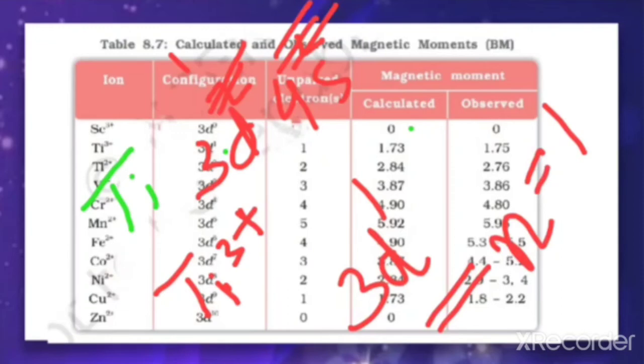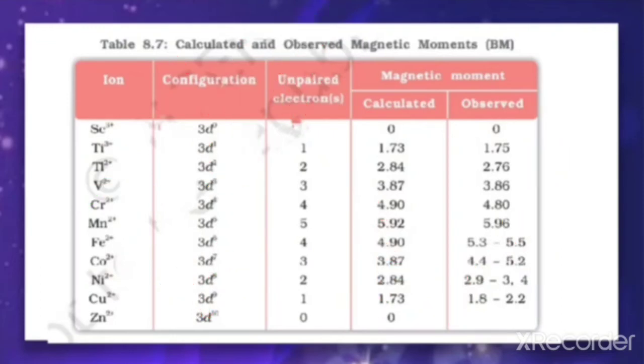Now you apply the formula, and you will get the value of mu equal to 1.73. This is very important, and you have to do this problem in this way.